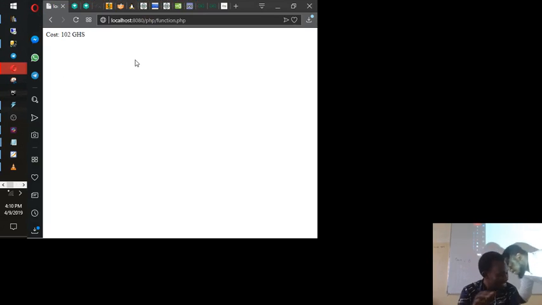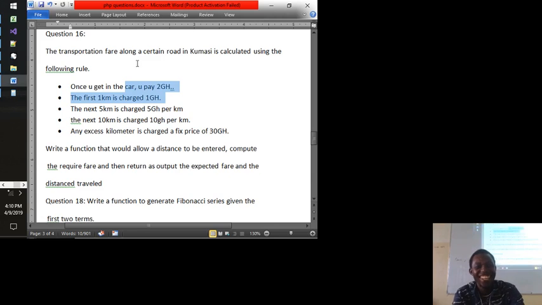Then that means you had a different understanding. This is it. Once you get into the car, you are paying 2 cedis. The first kilometer you take is 1 cedi. That is 3 cedis.